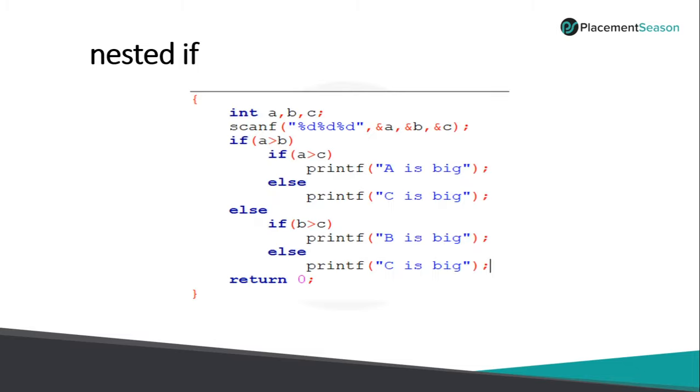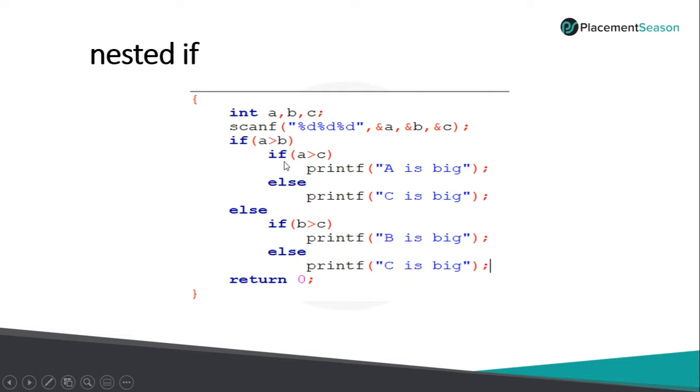Here is a simple example I have displayed on the screen. We are checking the biggest among three numbers. Here we are using the first condition, a greater than b. If this condition is true, again we are checking another condition. If this condition is true, we are printing a is big. So here is the first if and here is the second if.